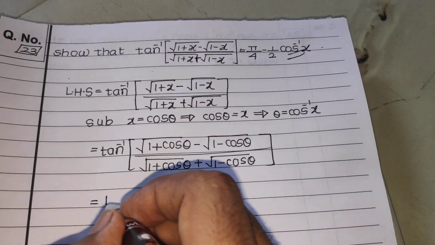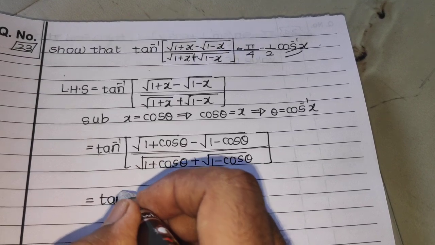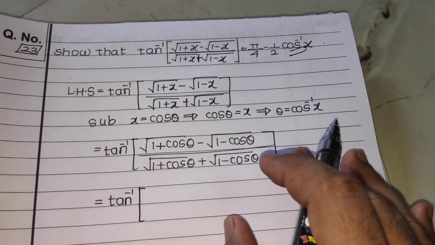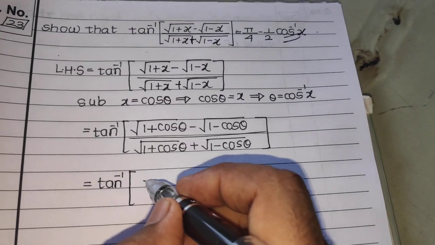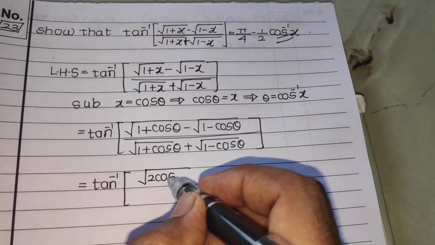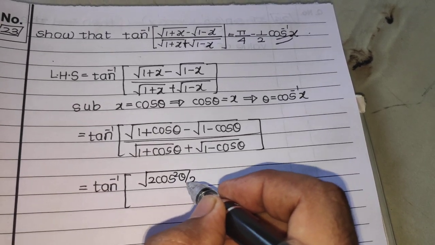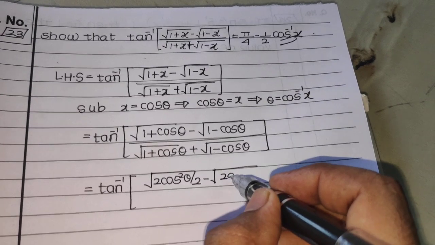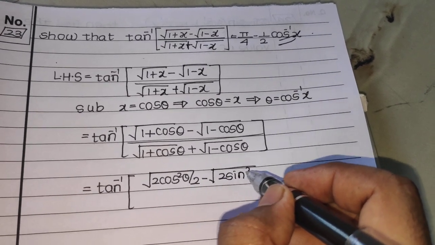So tan inverse of, now root of 1 plus cos theta is root of 2 cos square theta by 2, and 1 minus cos theta is 2 sin square theta by 2.